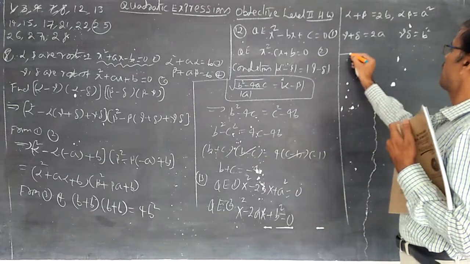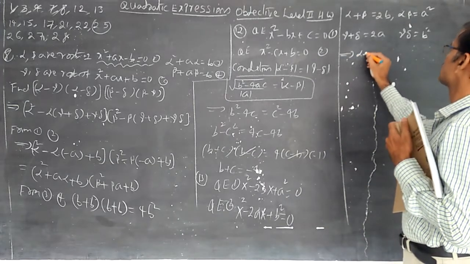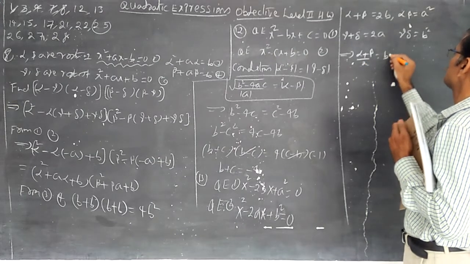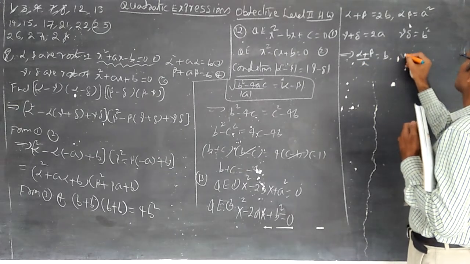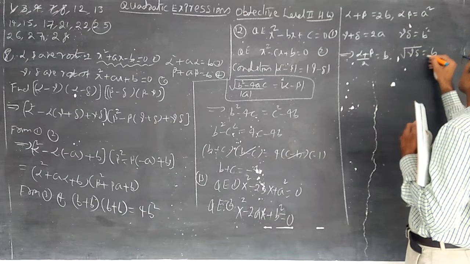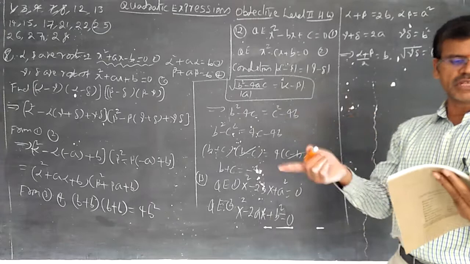So that implies you can write here alpha plus beta by 2 is equal to b, and here root gamma delta is equal to b. So the arithmetic mean is the geometric mean.